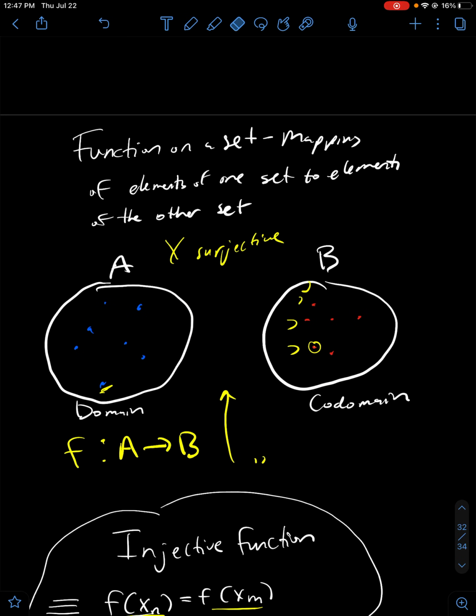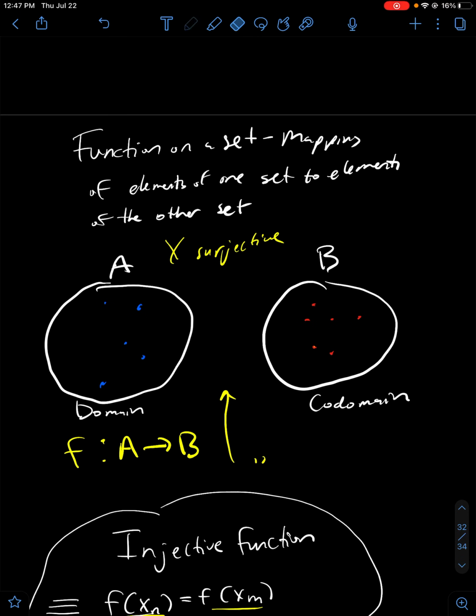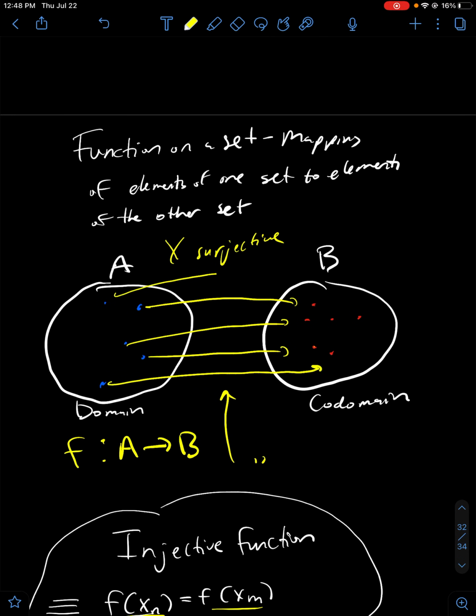Here's a bit of a nicer example that's not so mean. Let me erase some points to make this example nicer. So this gets mapped to this, this gets mapped to this one, and this gets mapped to this.